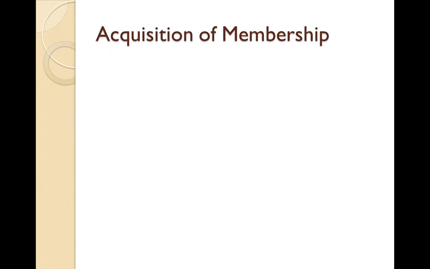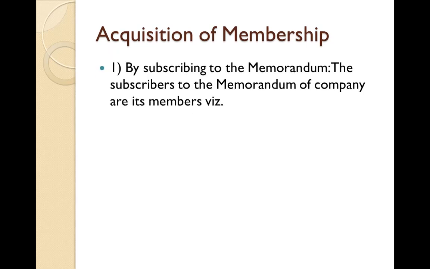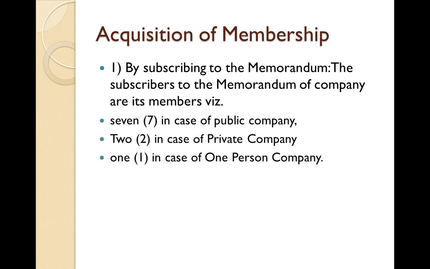Acquisition: how do you become a member, how do you acquire the membership? First, by subscribing to the memorandum. The subscribers to the memorandum of a company are its members. For example, in case of a public company, 7 members are required.